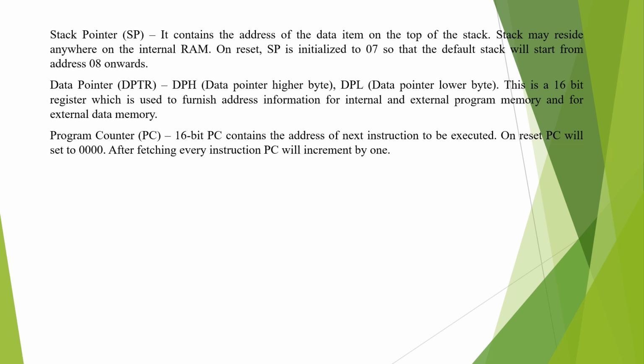For example, the stack pointer contains the starting address 07 hex, and the first location where we want to store the data is 08 hex. That means the stack pointer is first increased by 1, and then the data is pushed into that particular memory location inside the stack. So the stack pointer is incremented by 1, not decremented by 1.